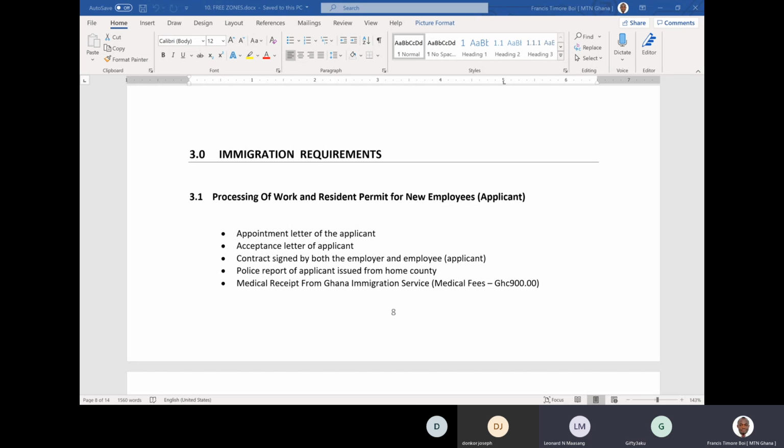Okay, B. Governing the movement of persons, vehicles, or goods into and out of a free zone, from and to other parts of the customs territory. C. Covering the keeping, storage, and handling of goods in free zones.